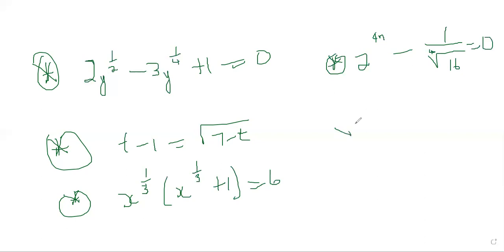And the fifth one that I want you to do for me is y minus 10 root of y plus 9 is equal to 0. Don't ask anyone for help.